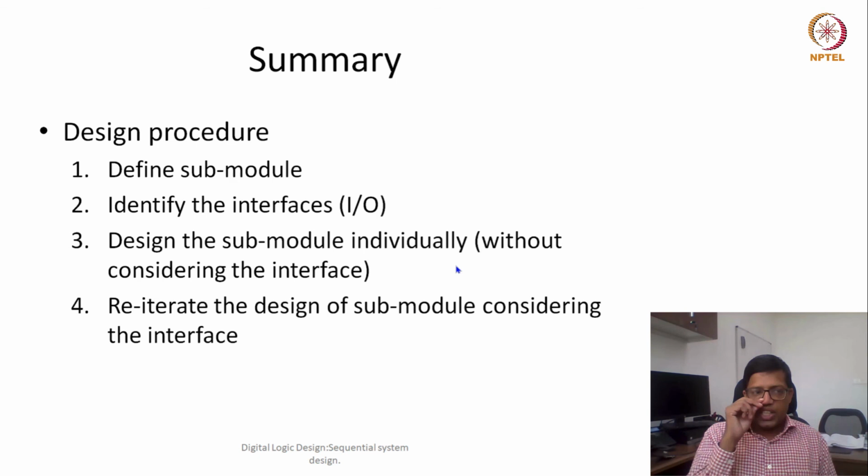If it's a standard kind of design, we can design it without considering the interface, and after that, considering the interface, we can reiterate the design process. Because our first level of design without the interface is already there, adding the interface signals could be easier. So that's why it can help many times.